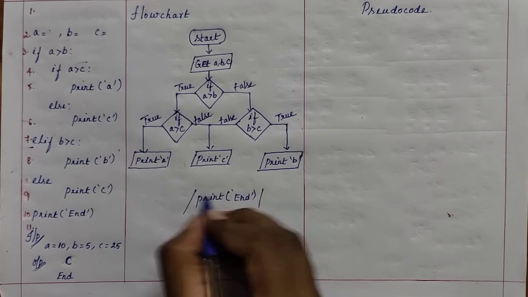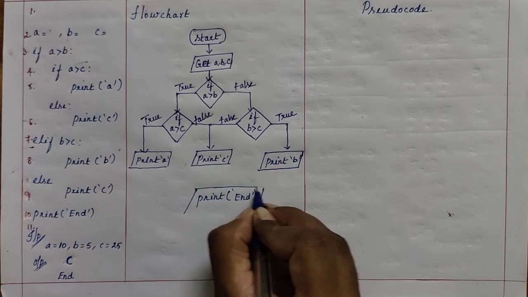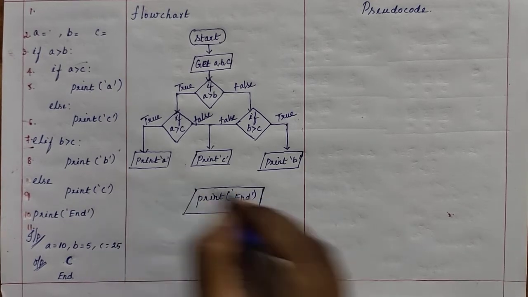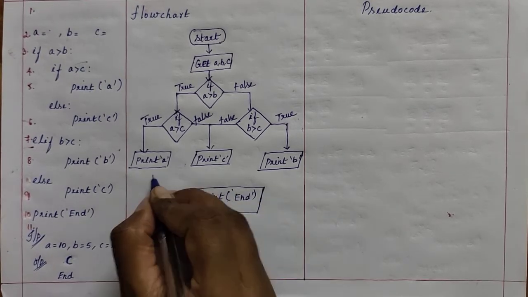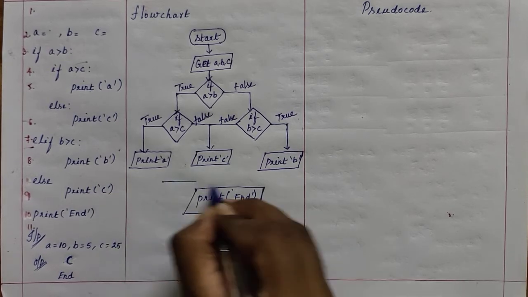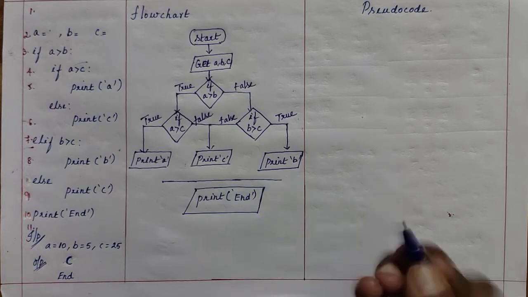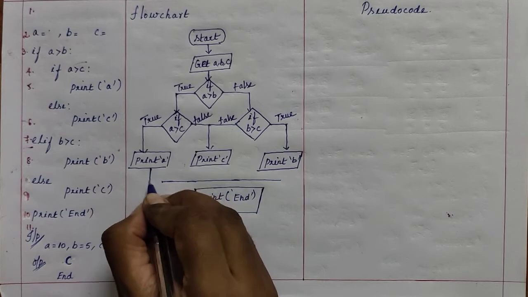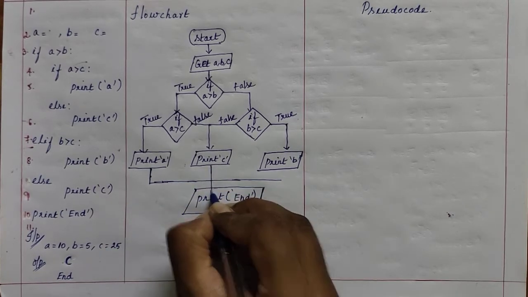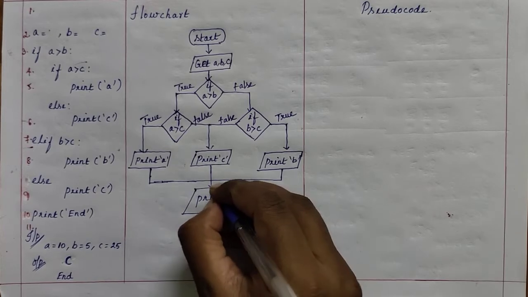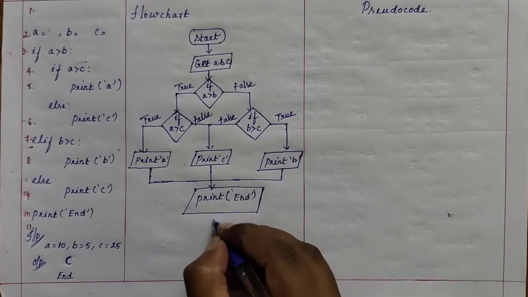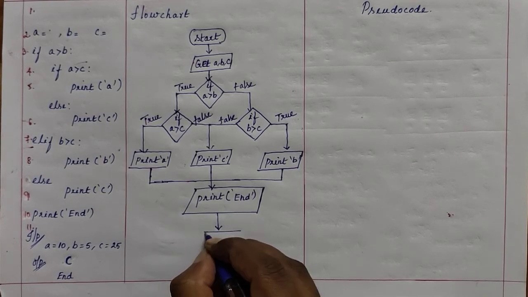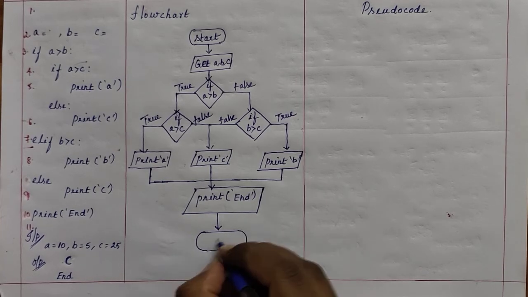It is an output statement, therefore it must be within the input/output symbol. I am connecting the flow lines; you can draw them as you wish, the thing is that we have to connect these. And then finally we have to stop, which is represented by the terminal symbol.